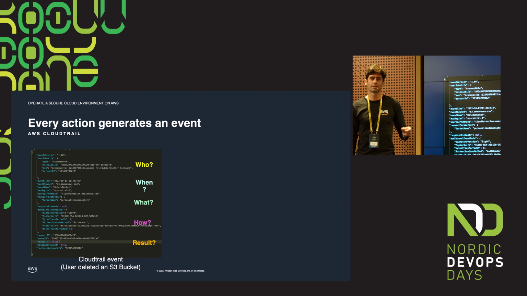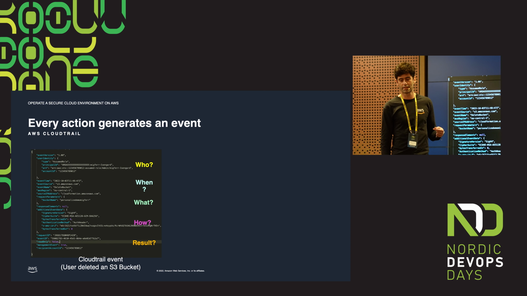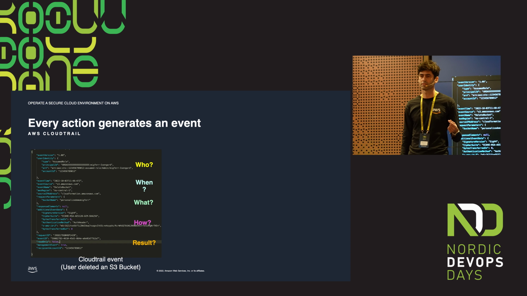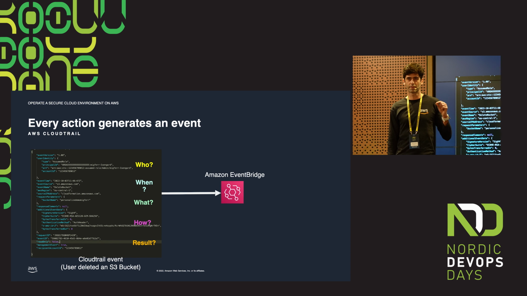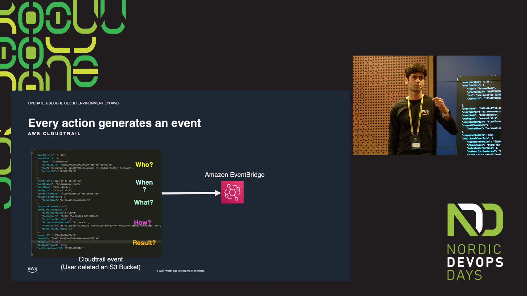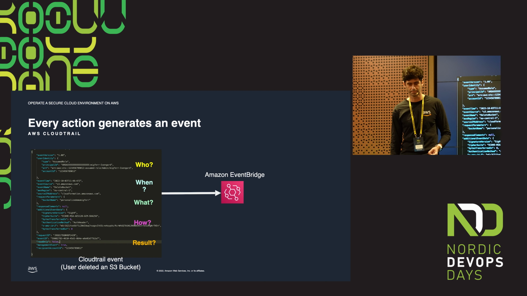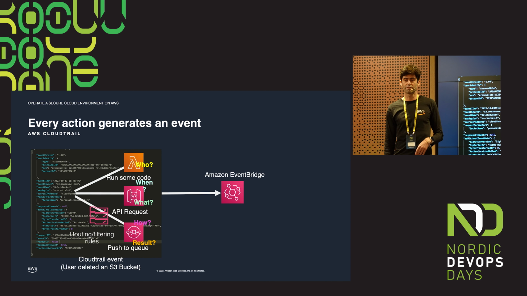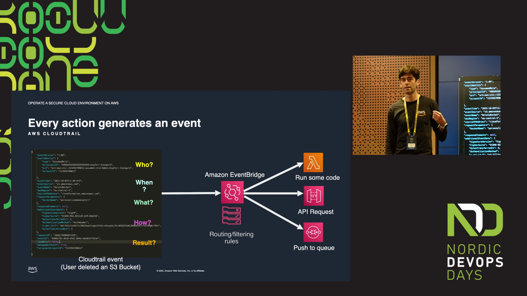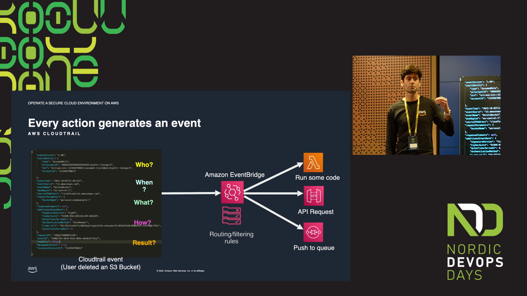Everything you do in AWS accounts generates an event, and this is the AWS CloudTrail service. These events tell what happened, at which time, by who, what was the result of the action, and so on. Everything that you do. So these events can actually be filtered, and with EventBridge, you can route them to specific targets.